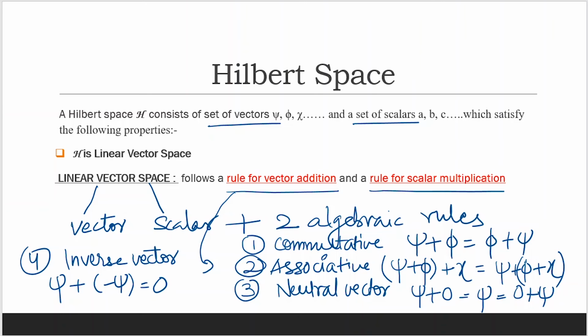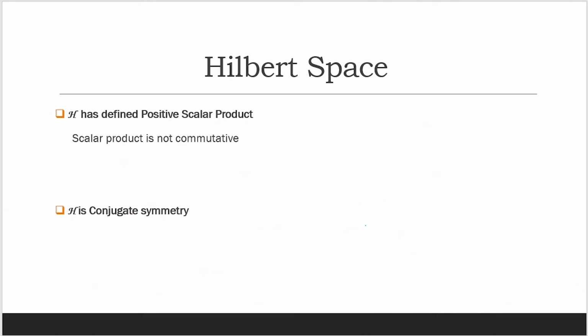Moving to our next property, Hilbert space has a defined positive scalar product. If we do the inner product of a vector with itself, then we will get a positive scalar quantity, which is always greater than or equal to 0.